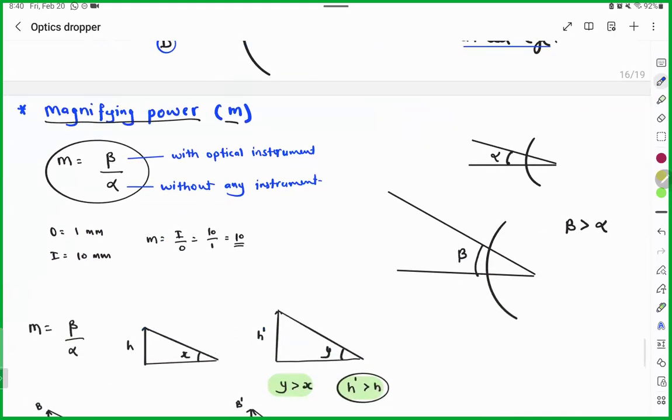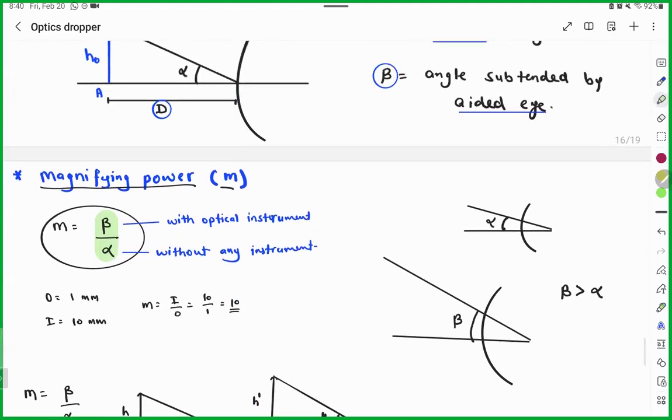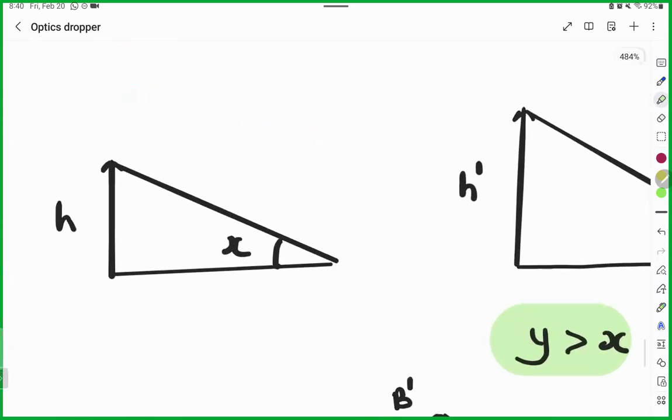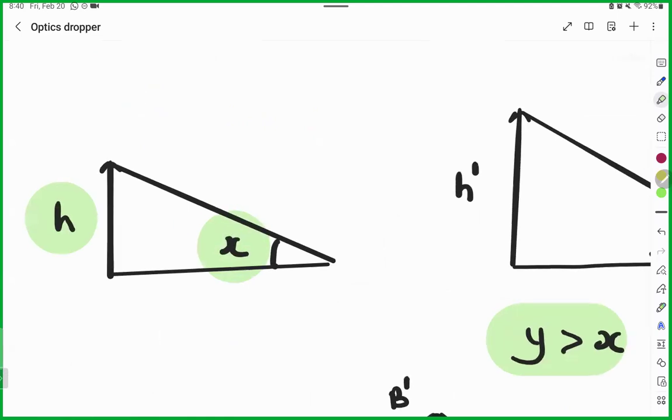If you calculate magnifying power, you want to understand how big the image is compared to the real object. So here you will use beta by alpha. For example, you have some height of the object and the angle is x.